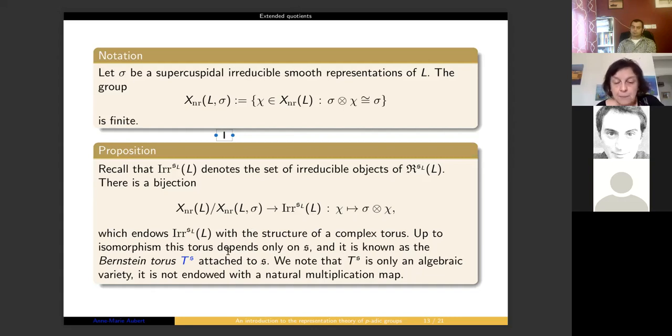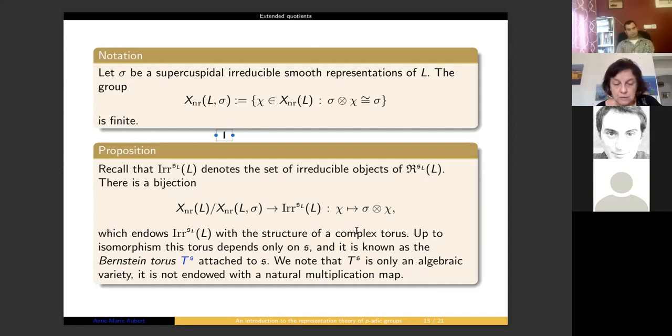And up to isomorphism, this torus depends only on s. It's only up to isomorphism because, as you see, to define this torus, we have fixed sigma. So it means that we have chosen a base point in s. But up to isomorphism, this torus does not depend on the choice of a base point. So it depends only on s. And it is known as the Bernstein torus.